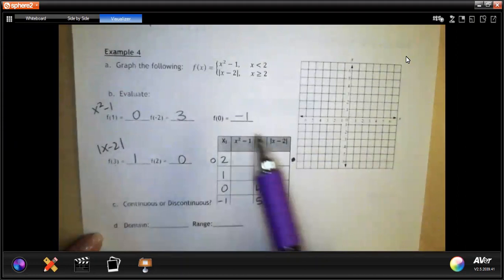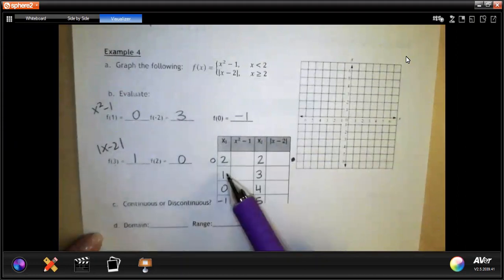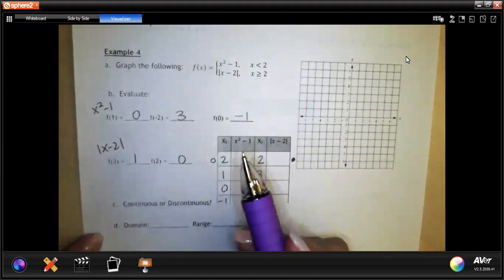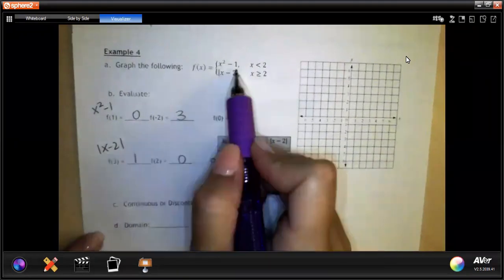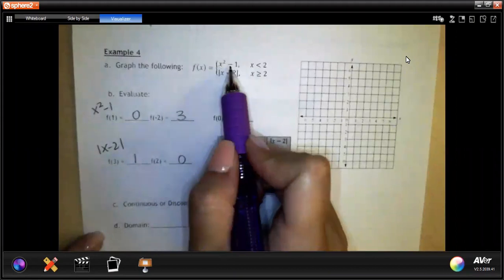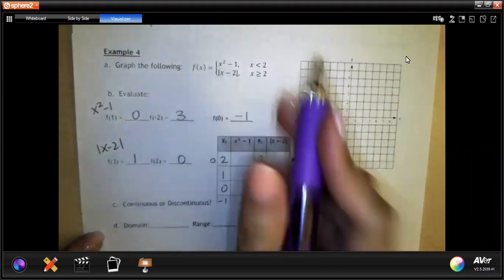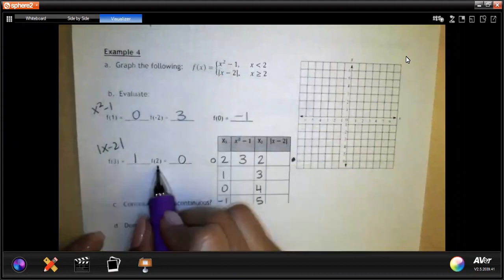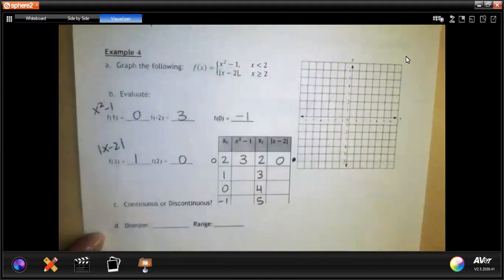When we look at 2, we had that value right here. Oh, sorry, that was on the first one. 2 on this first one, 2 squared is 4, minus 1 is 3. This is the 2 that we have here, the one that is equal to, and that would be 0.